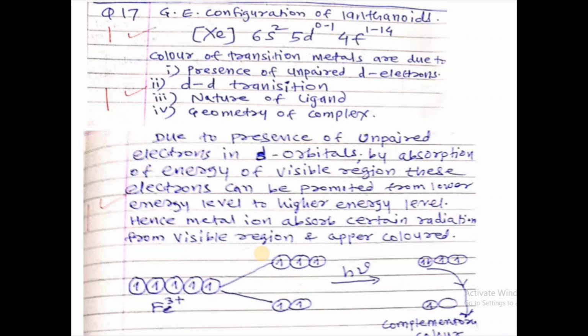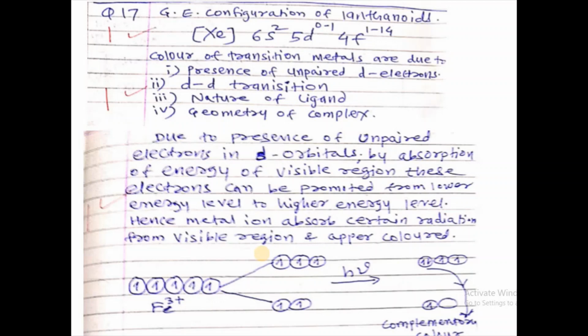The next question is why most of the compounds of transition metals are colored. The color of the transition metals is due to the presence of unpaired electrons in f orbitals, and f-f transition can be observed.